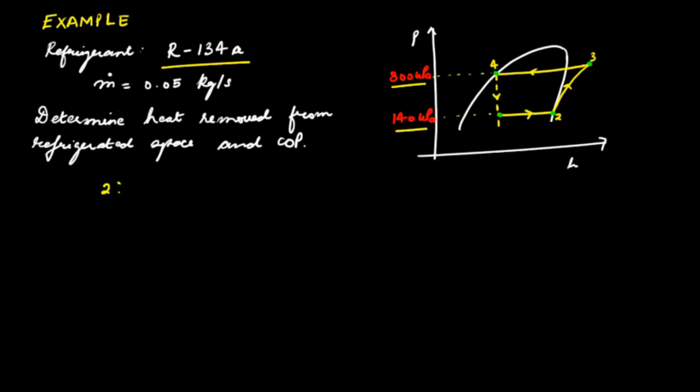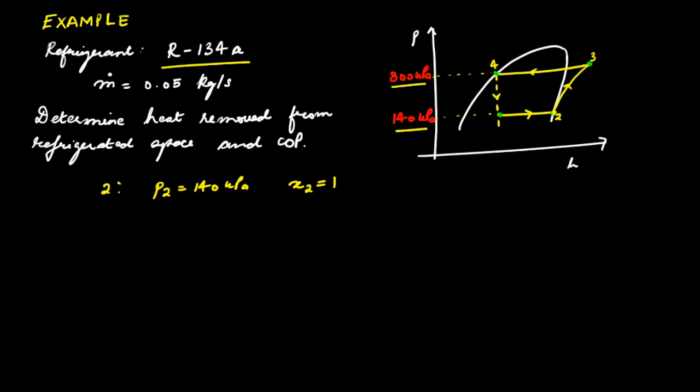So at state 2, we know that the pressure is 140 kilopascals, that is the pressure at which vaporization takes place in the evaporator, and we know that the quality of the vapor liquid mixture is 1, that is at state 2 we have a saturated vapor.